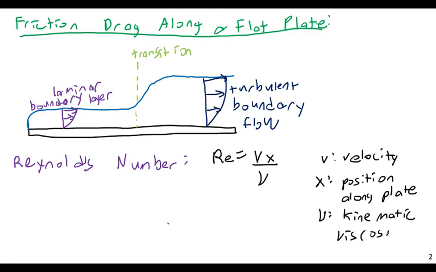So unlike all the previous pipe problems we've looked at, where the Reynolds number was constant along the pipe as long as the velocity and diameter were constant, in this case the Reynolds number is actually a function of x along the length of a flat plate.